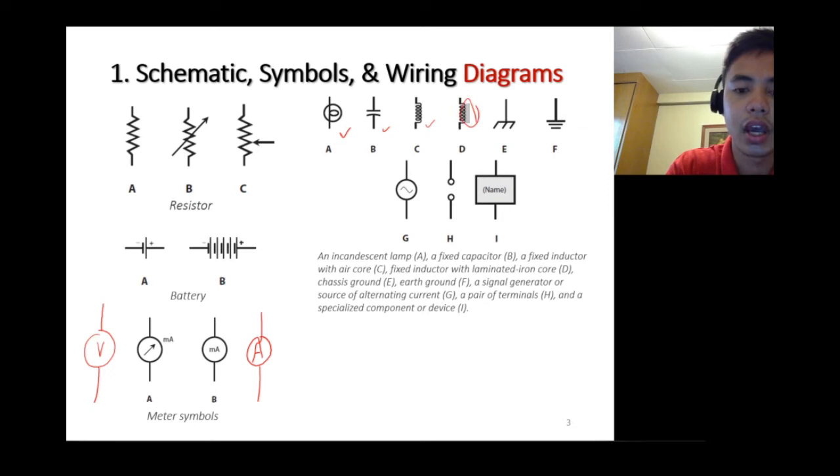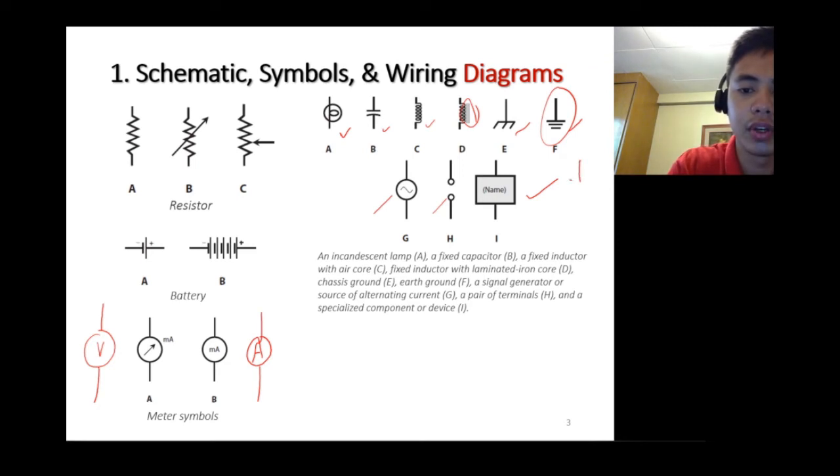Then we have earth ground, and sorry, this is chassis ground, and this is the earth ground. This is the most commonly used. And then we have an alternating signal generator, and here a pair of terminals, so this is open, and then whatever component or device.